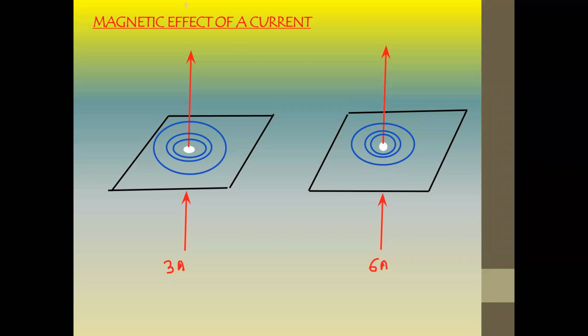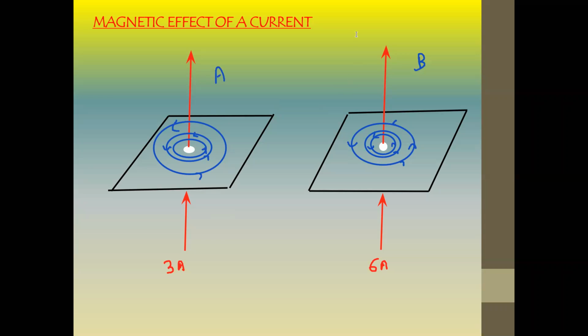So the direction is the same, it is around the wire. But when we compare the strength, which one do you think will produce a stronger magnetic field? 3 ampere, A, or B? Which one will produce a stronger magnetic field? The 6 ampere. So the 6 ampere wire, B, will produce a stronger magnetic field.